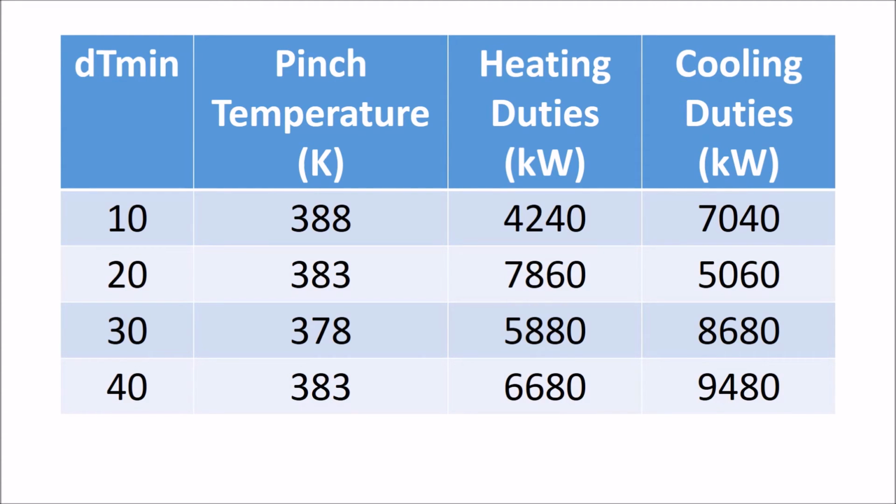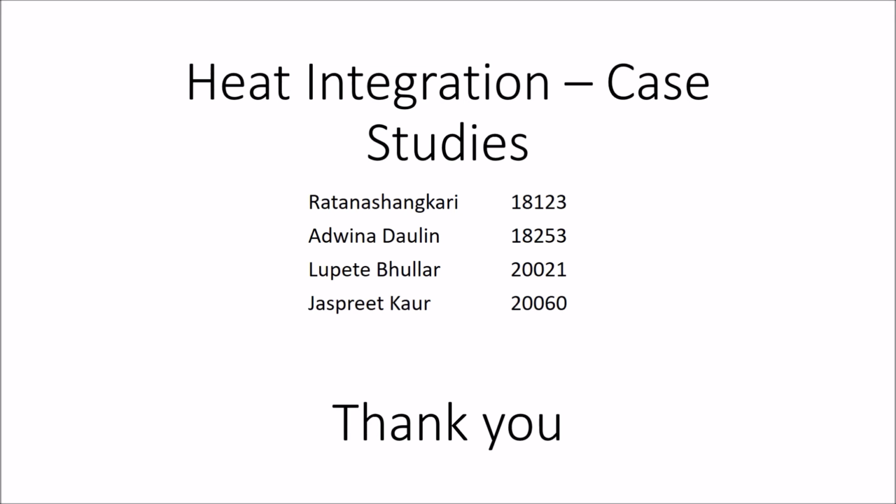By comparing all the results from all the minimum temperature differences, it's concluded that the minimum temperature difference of 10 has given us the lowest combination of heating duties and cooling duties. So that concludes our case study.